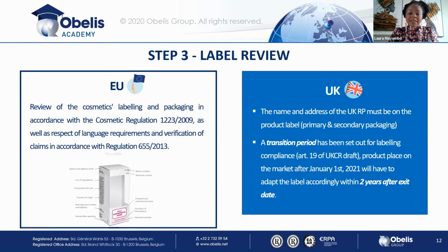That is good news, because I know that for the labels it's quite costly for many manufacturers, and you still have time to also sell out your stocks without any issue, because everything that is already on the UK market can be sold without any amendment in the label, and you still have 2 years to do so.